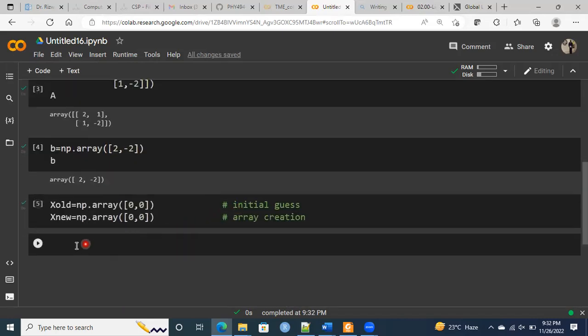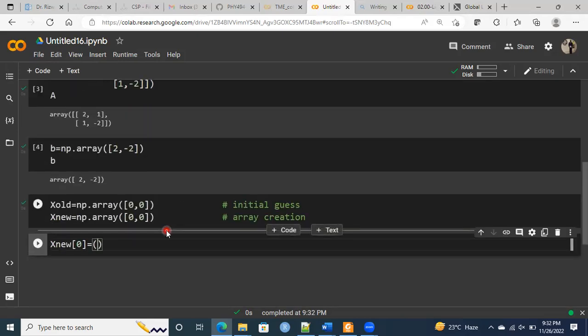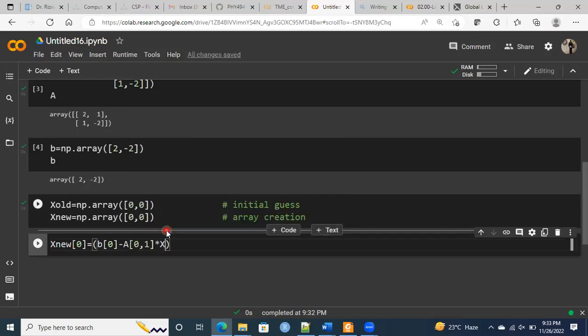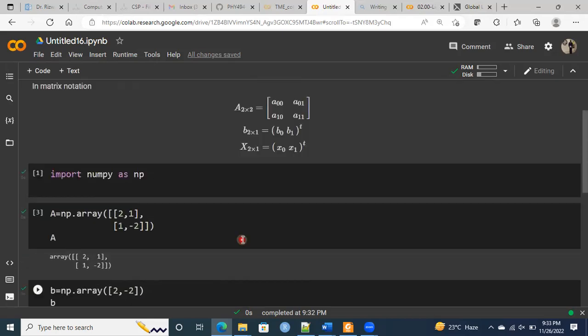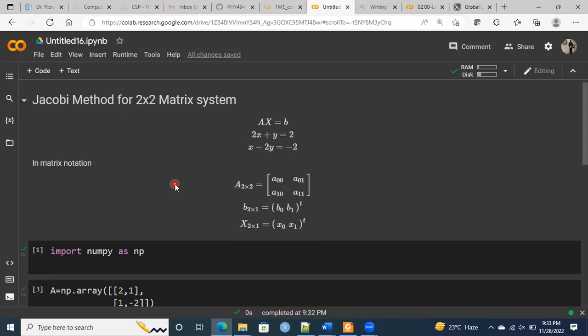So in matrix notation, I write that the x new value of 0 will be equal to, from the first equation, b0 minus a01 times the x old of 1 and divided by a00.